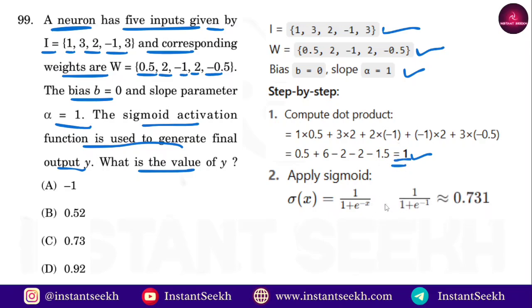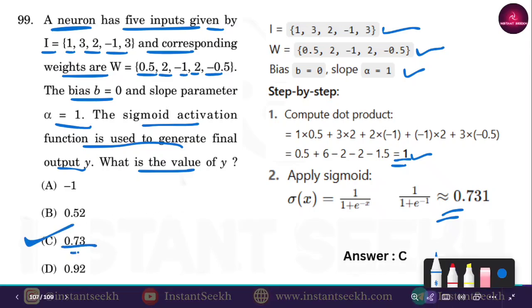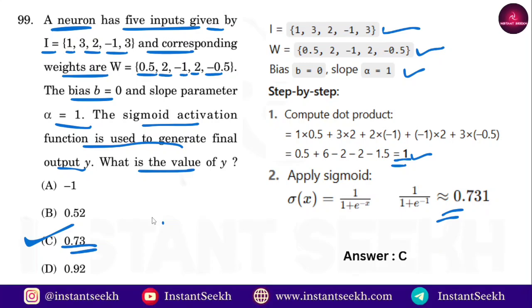If we apply this, we get 0.731. So the correct answer will be option C. You can go step by step. First compute the dot product, then apply the sigmoid activation function. We got 0.731, which is your option number C.